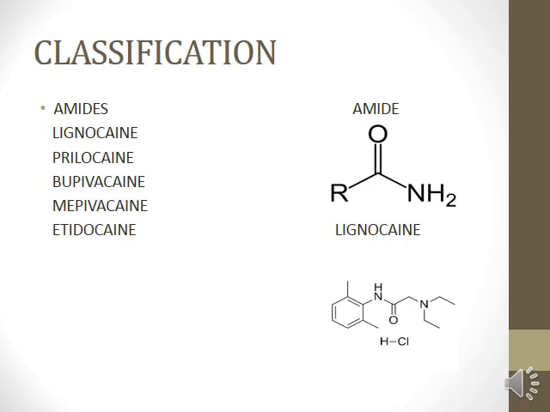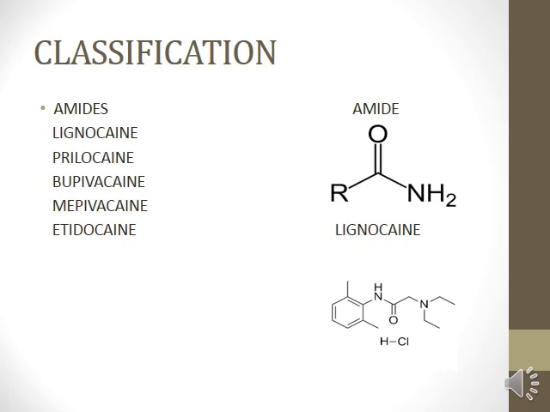In this slide we will discuss the second group of local anesthetics, that is, amides. As I have told you, this classification of local anesthetics is based upon their structures. Some of the local anesthetics are esters, while some are amides. Those local anesthetics which have an amide structure within their basic structure are called the amides.